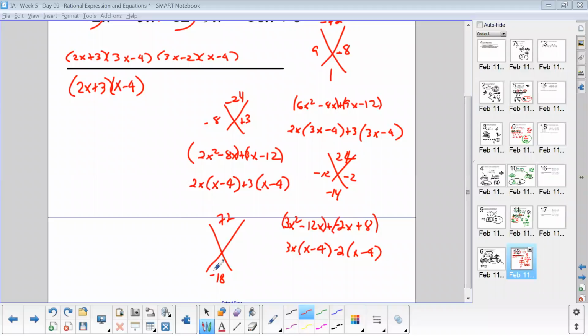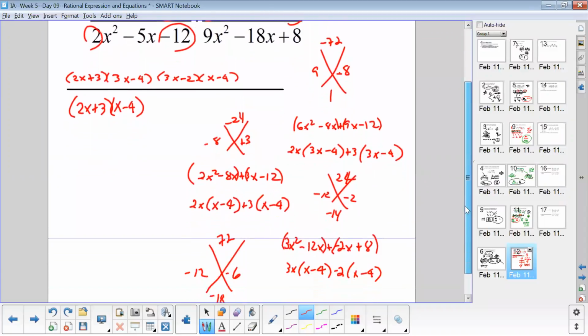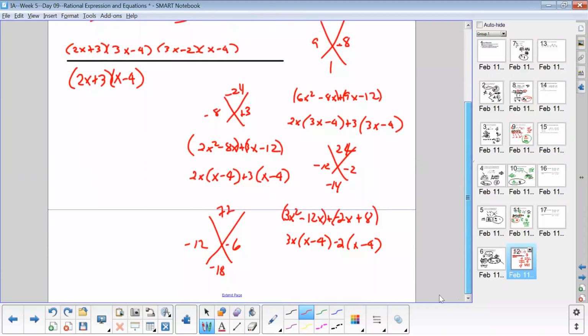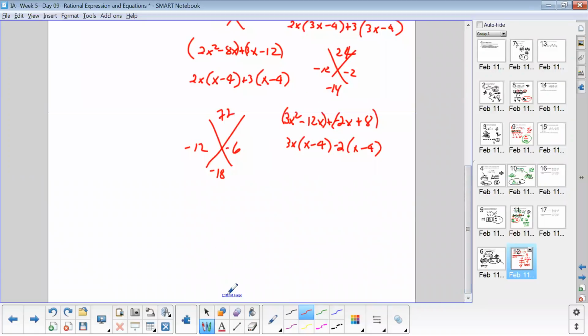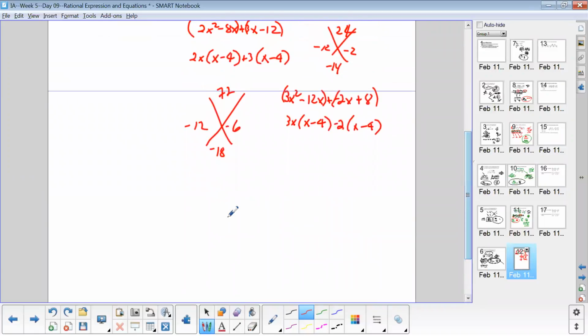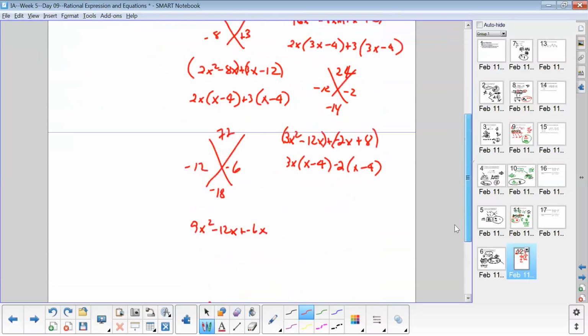Should be 12 and 6, both negative. So that would be 9x squared minus 12x from here, plus a negative 6x from here, and that last term is 8.